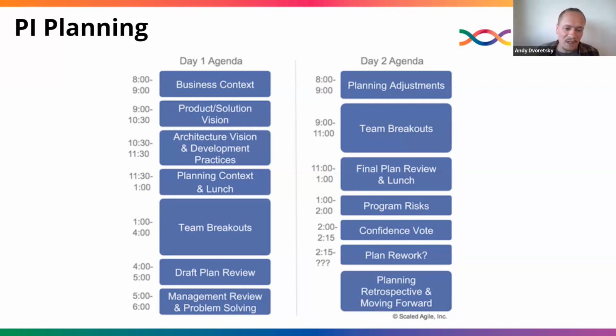And after that, we can have a draft plan review. So our teams present what they have by the end of day 1. And at this point in time, teams are free. And management reviews this draft plan and tries to understand why it's absolutely not the thing we expected to have.